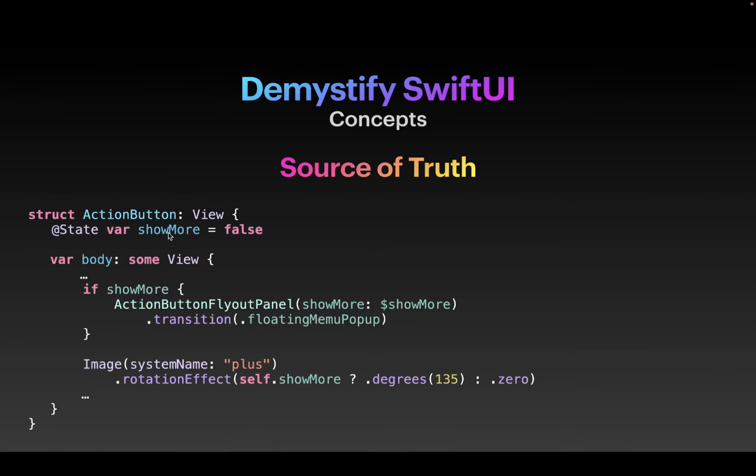This is a temporary state variable which is used to manage our view. And in this case, this is our source of truth, because it's just a temporary state variable managed in this view. When this view disappears or is collected by SwiftUI, this thing also goes away.